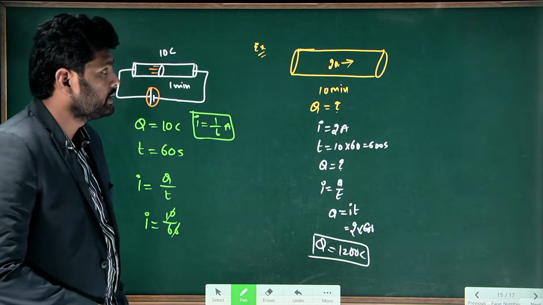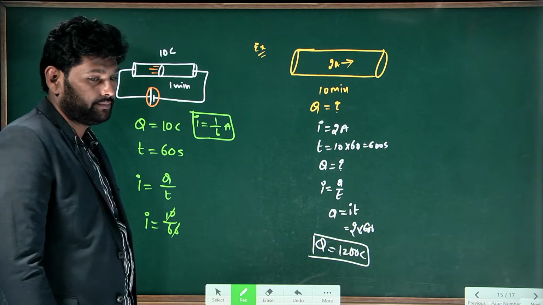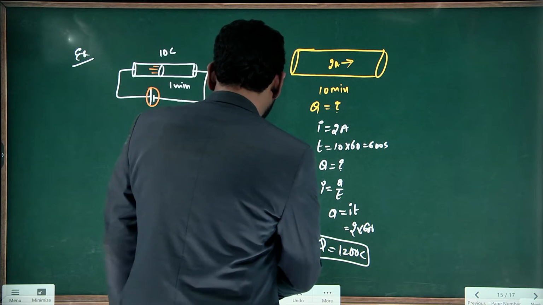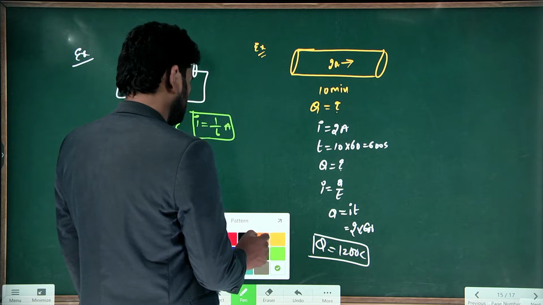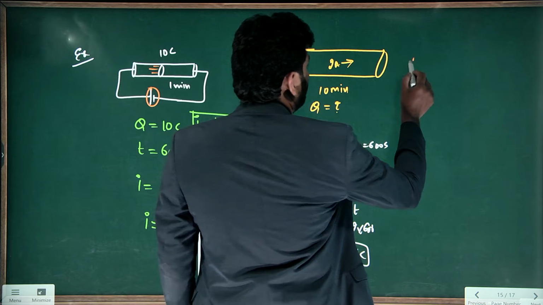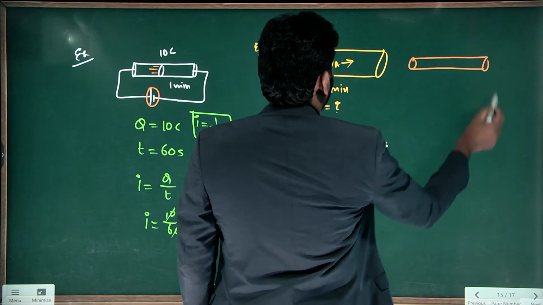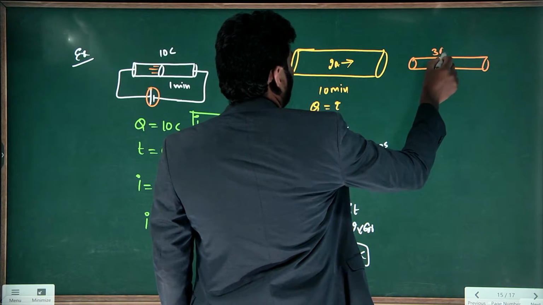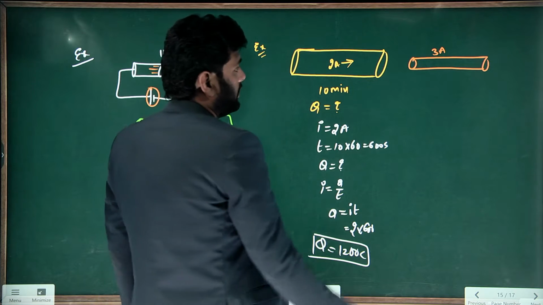Yes, sir. Can I give one more question? Okay, sir. One more example question I will give. There is one more conductor. 3 ampere is flowing through the conductor.